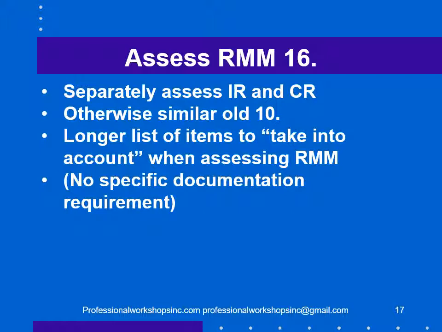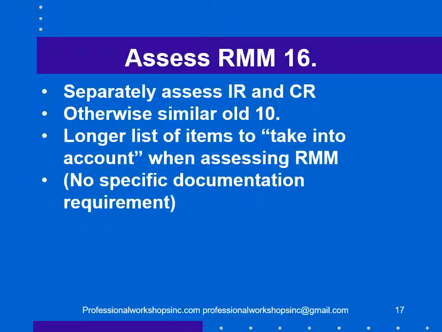Paragraph 16, assess risk of material misstatement and separately assess inherent and control risk and detection risk. Similar to old paragraph 10, there is a longer list of items to take into account when assessing risk of material misstatement. And again, I think that's useful if risk of material misstatement is high, but there's no specific documentation requirement for this.